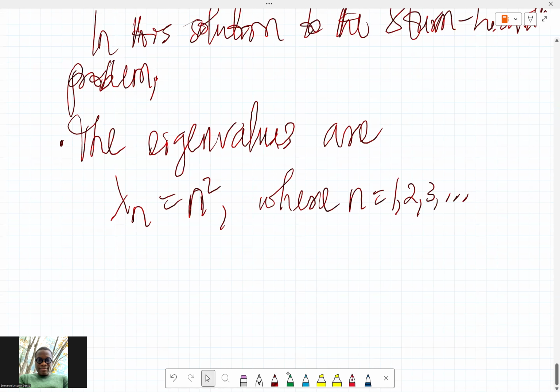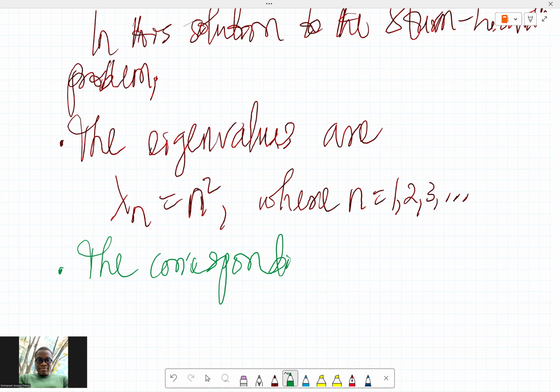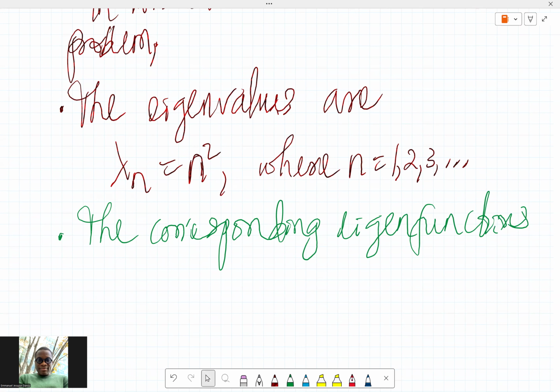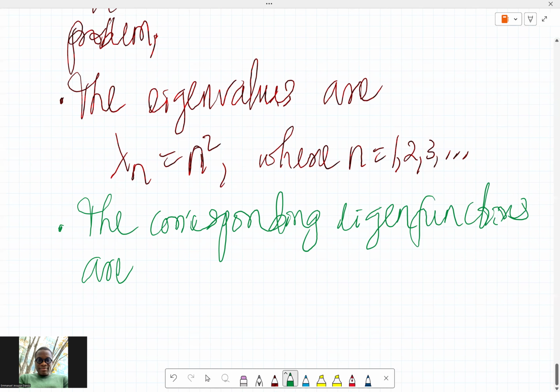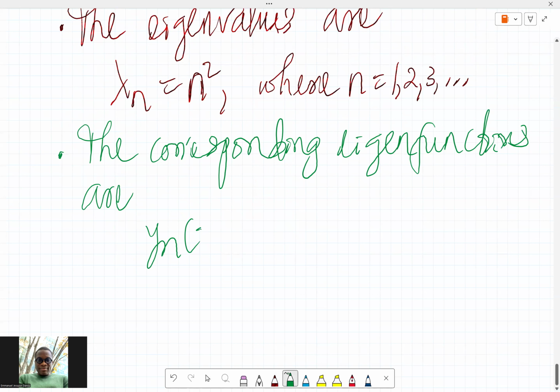Then the next one, the corresponding eigenfunctions are y_n of x equals sine nx.